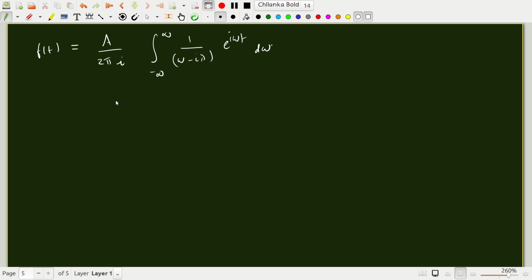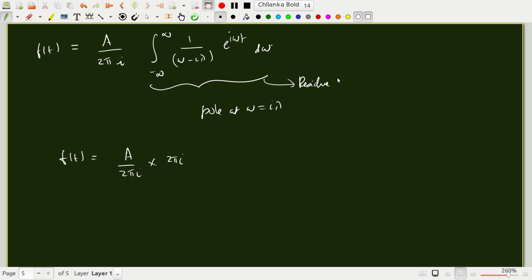Okay, so when you evaluate the pole at omega is equal to i lambda and use the residue theorem, f of t is a by 2 pi i times 2 pi i. We are now evaluating only this integral, using the residue theorem, times the sum of the residues, but there is only one residue, the residue at omega is equal to i lambda.